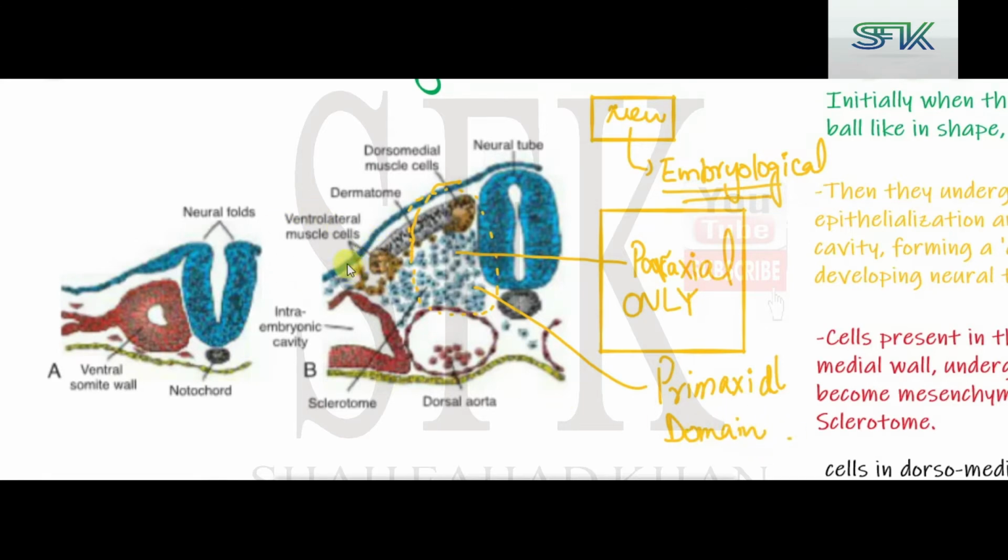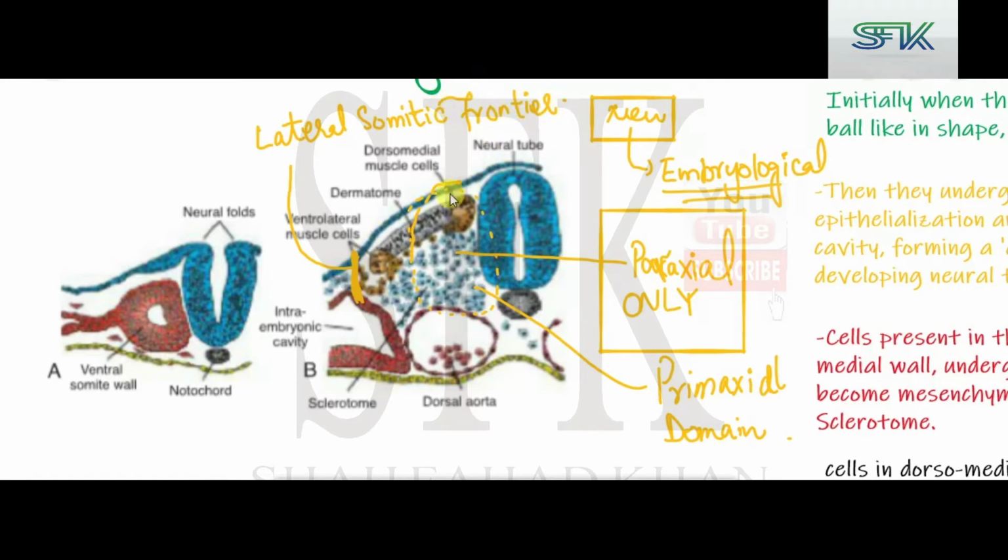And the region on the lateral side, right over here at the point where I've drawn this demarcation, there is a line, a boundary, which is known as the frontier, or the lateral somatic frontier.